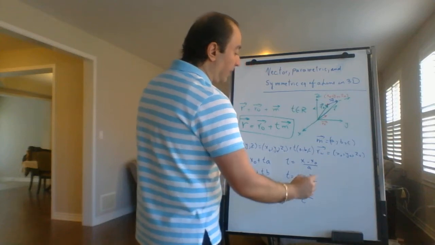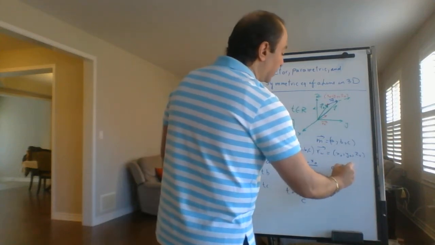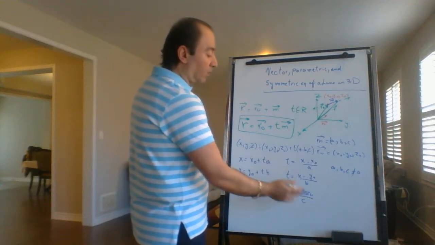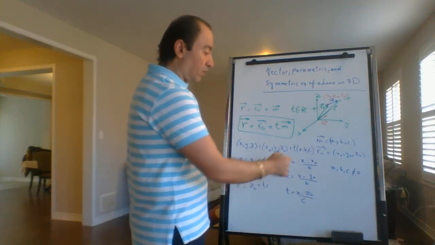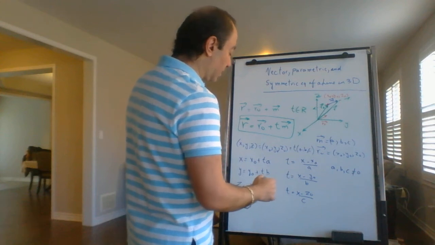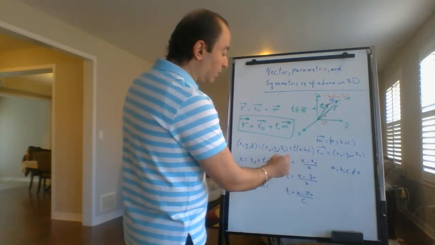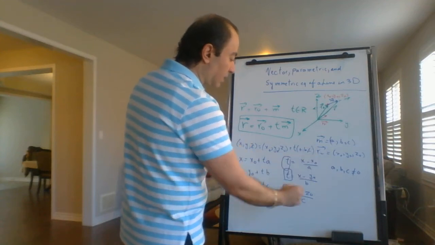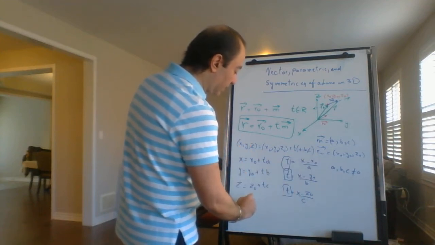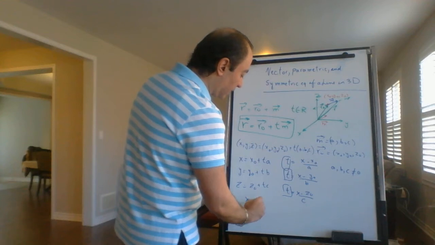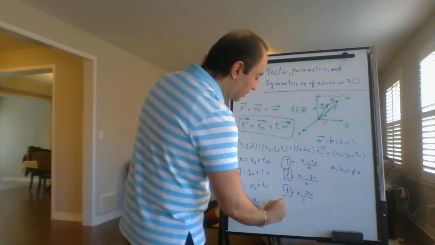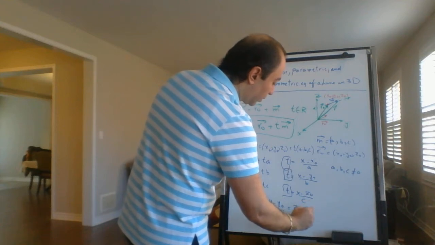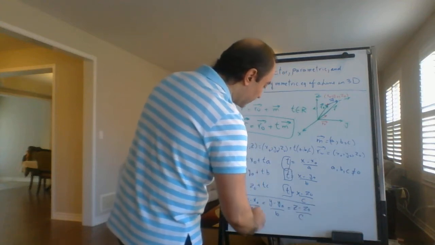Okay, and a, b, and c must not be 0, because if they are 0, I cannot divide by a 0. I will show you what will happen if one of these is zero. So now look, all of those are t. So those have to be equal to each other. x minus x sub 0 over a equals y minus y sub 0 over b equals z minus z sub 0 over c.